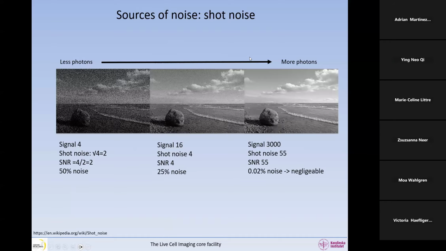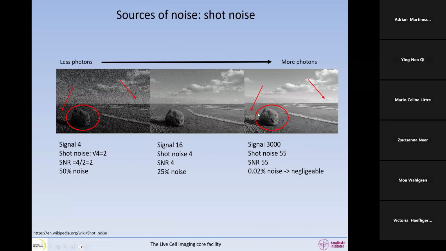Okay, so one of the ways to deal with the shot noise is to increase the number of photons that participate to the image. So you can see the consequences of having a noisy image. In here, we can see the big stone, okay, but we have no clue about the clouds and we have no clue about the little stones on the beach.